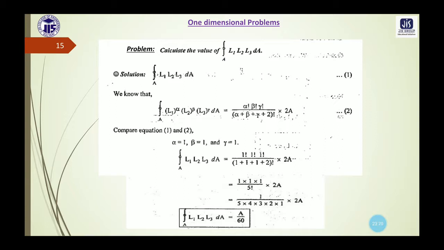Then we entered those values of alpha, beta and gamma in the formula. After that we calculated the factorial of 5. So finally we are getting the value A by 60 for the present numerical.